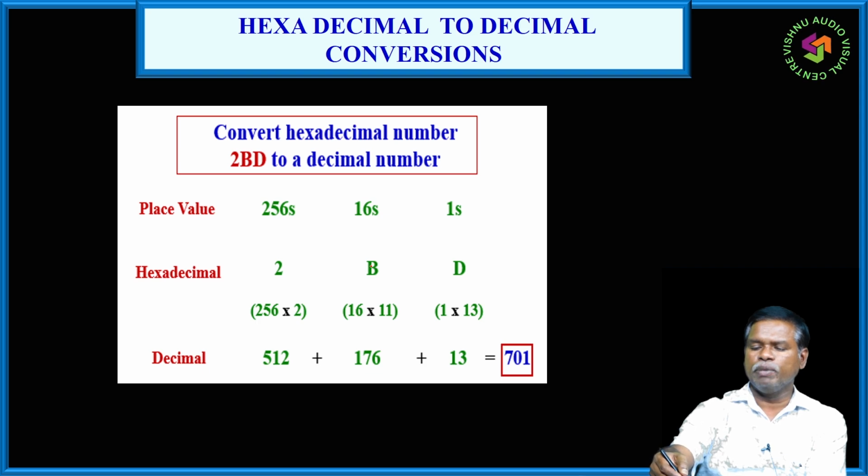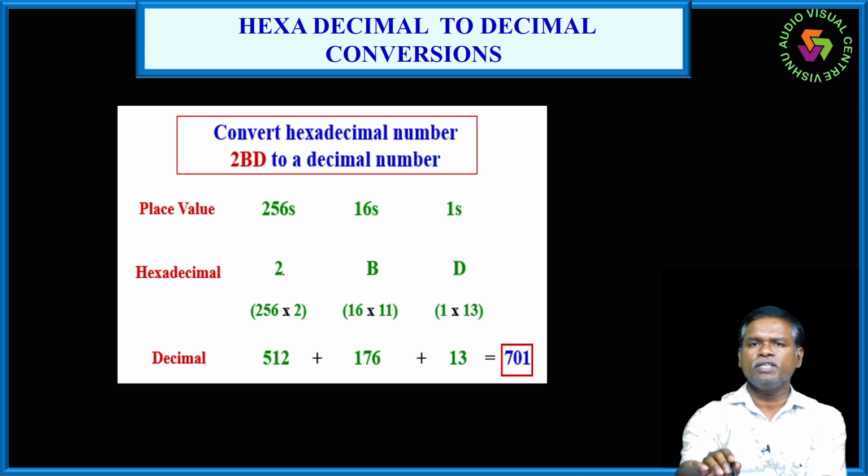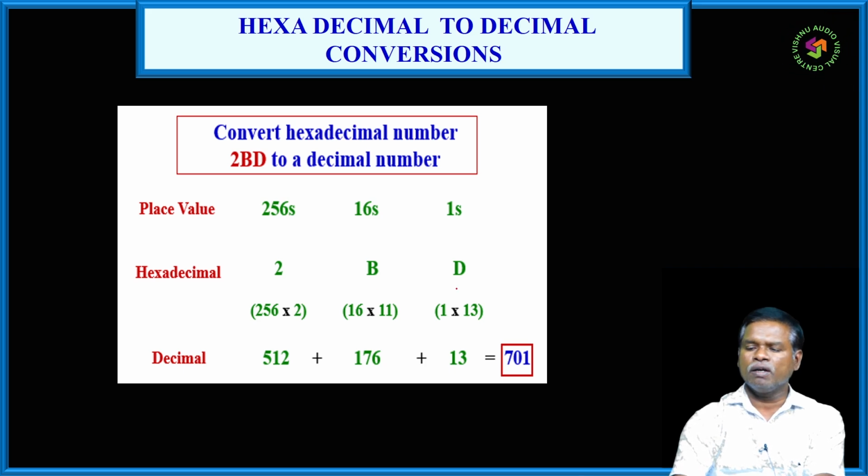The next one, B, will have place value 16, and the next one, 2, will have place value 16 square, that means 256. So the place value of 2 is 256, of B is 16, and of D is 1.